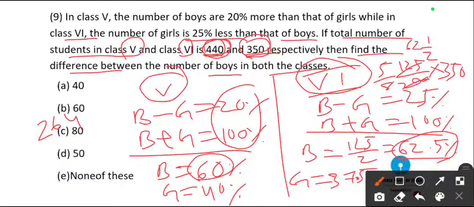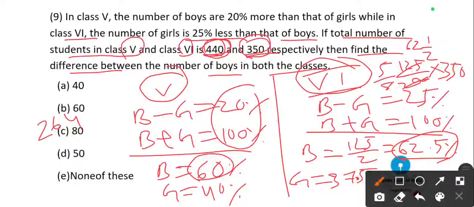This is question number 9. Here 6% of 440, 6 times 4 is 24 and 264. Is there any mistake I made? Let me cross check.